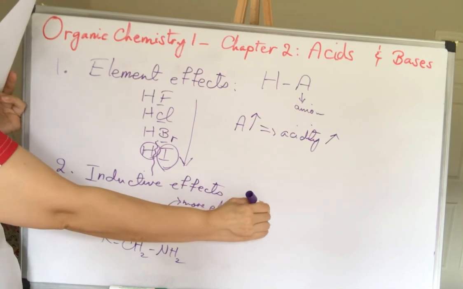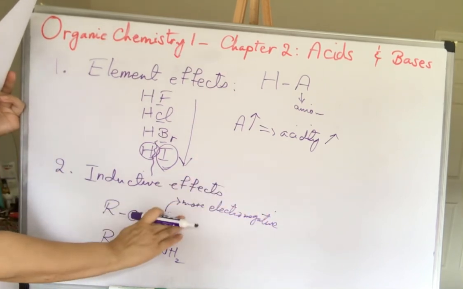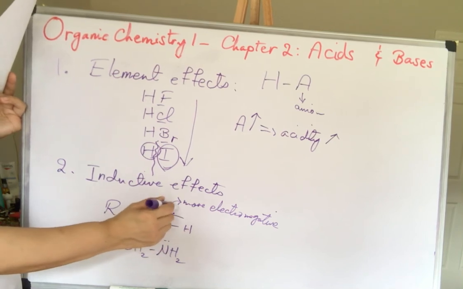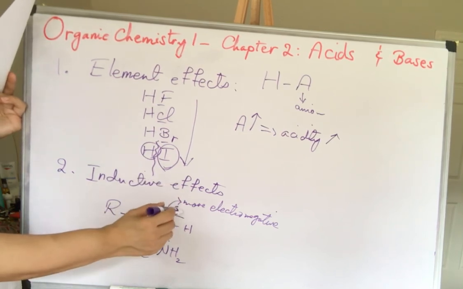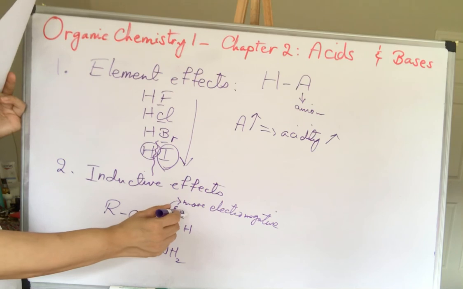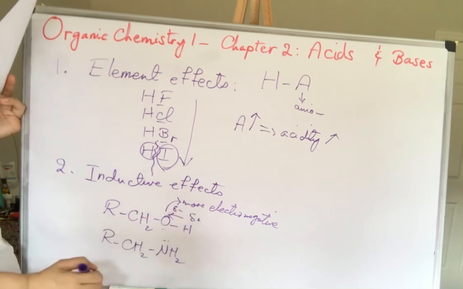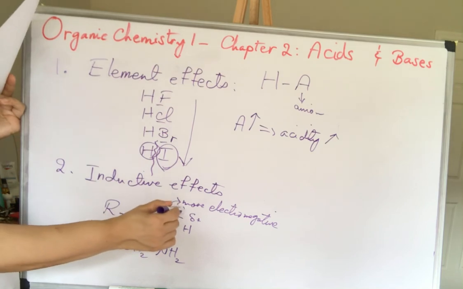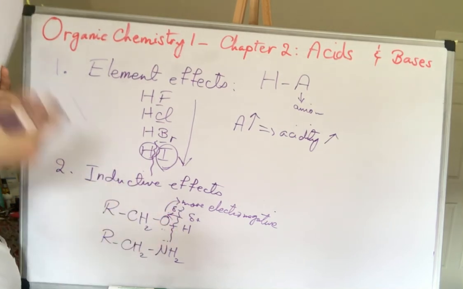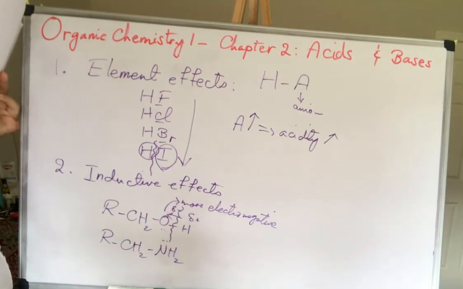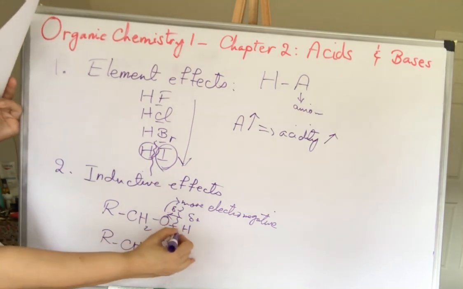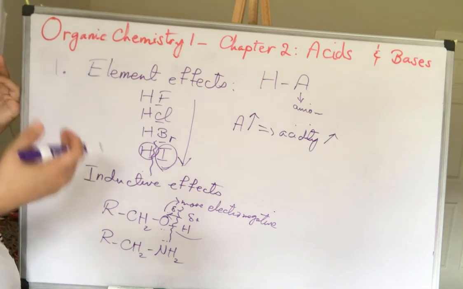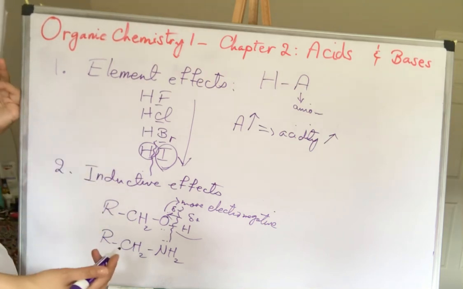What happens? It pulls the electrons in the covalent bond more strongly towards itself. So we have a partially negative side on oxygen, partially positive side on hydrogen. Then the more electronegative the element, the looser the bond between that element and hydrogen. So the hydrogen will be released in the solution faster. That's what we refer to as acidity.